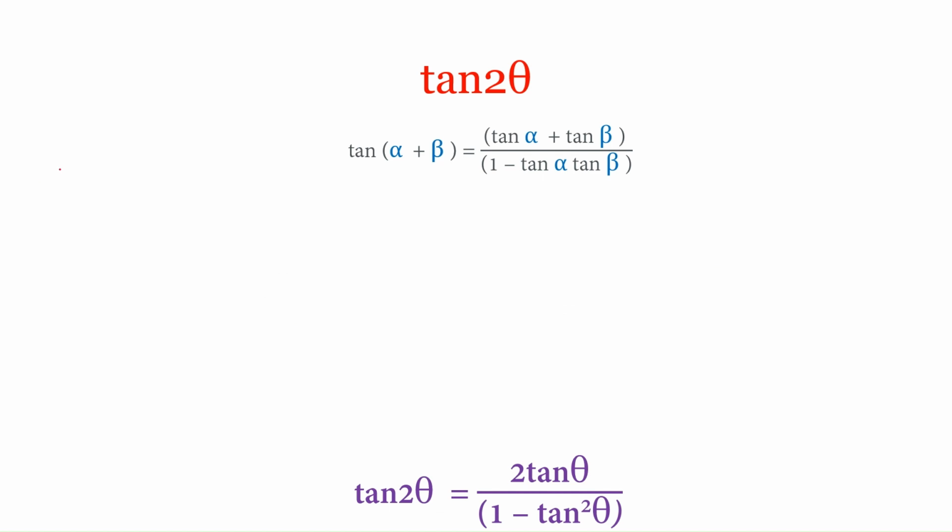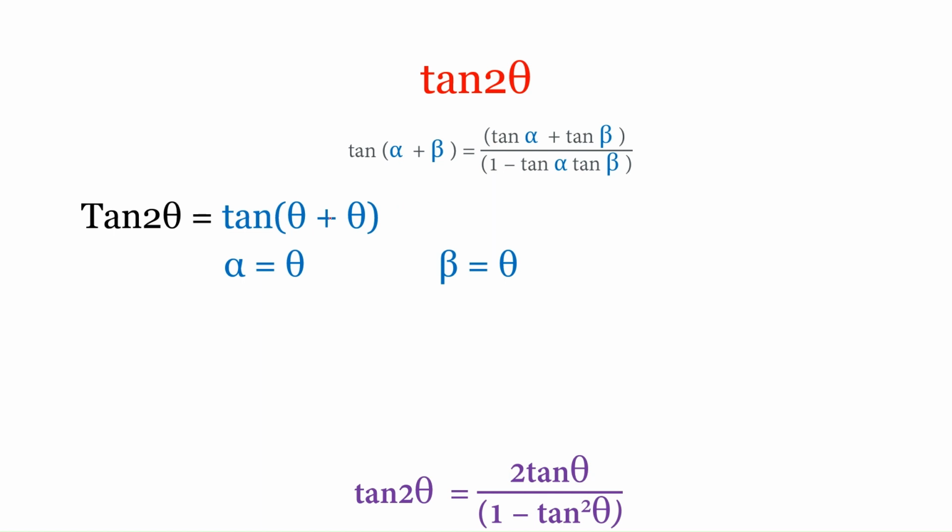Now we will try to use this. We will have both alpha and beta equal to theta. So when we write that, it becomes tan of theta plus theta is equal to, in place of alpha we are writing theta, again in place of beta we write theta, divided by 1 minus tan theta, again tan theta.